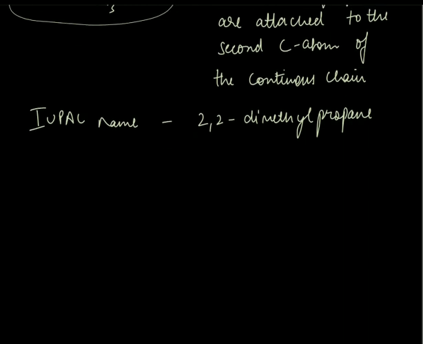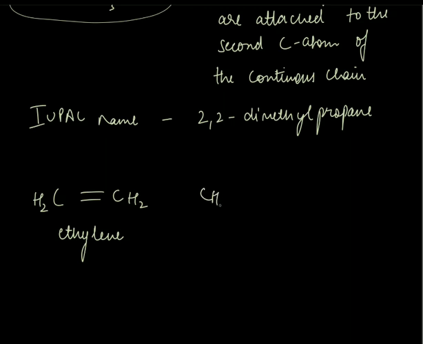Then we already know about this, I might have discussed it in the previous video. This is called ethylene. That's ethene, but commonly we call it ethylene. And if we have a double bond with 3 carbons, this is called propylene.